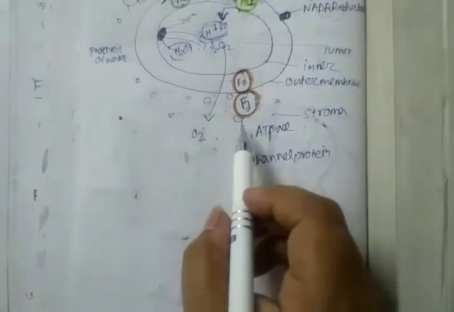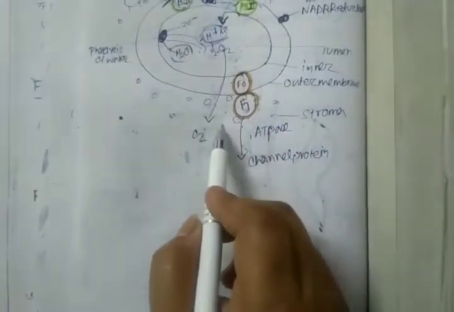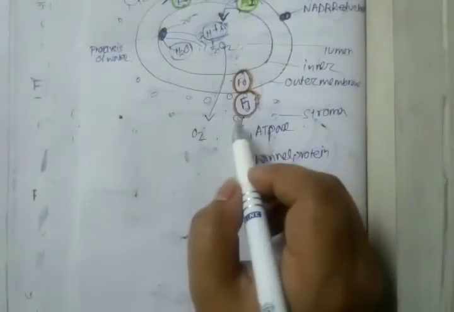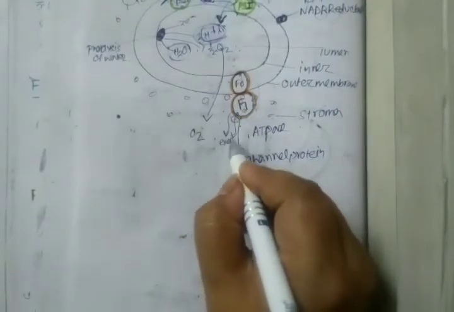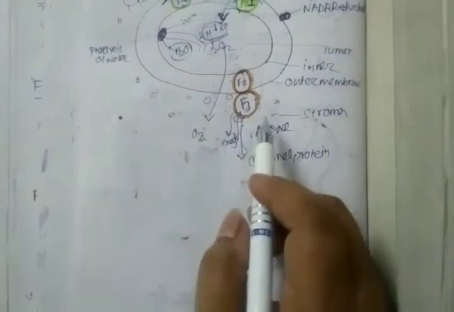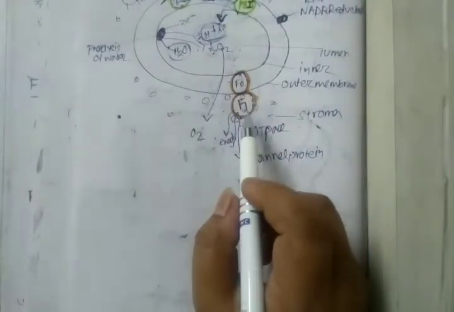As the protons move from the higher concentration to the lower concentration, they also release energy. F0 particle helps in the facilitated diffusion of the protons.